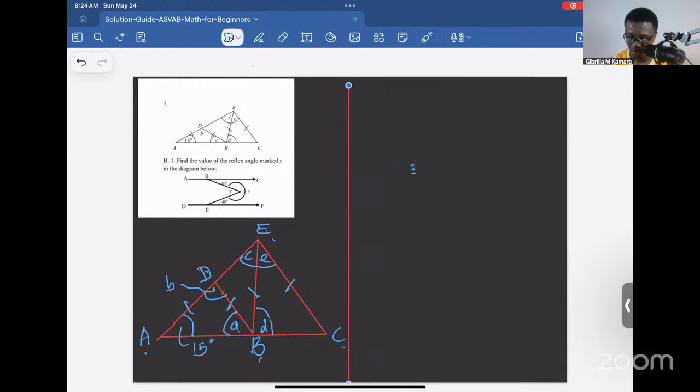Let me bring it here. So if we want to find, let's say we want to find A, let's extract the triangle.